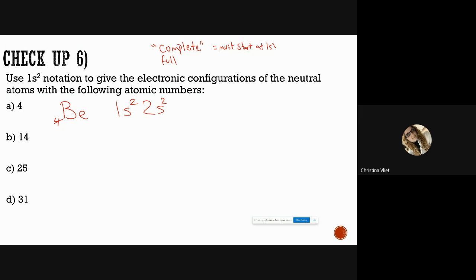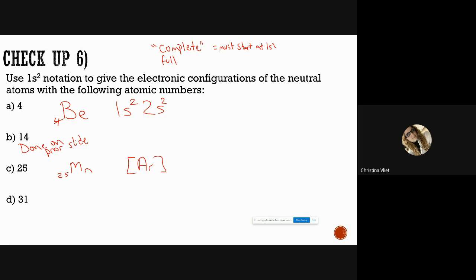14 I already did. So let's look at 25. What element are we looking for? It didn't say complete or full. So let's test the shorthand method. What is the noble gas that's right before manganese? Argon. So you would start by writing Ar in brackets, and that replaces those 18 electrons.